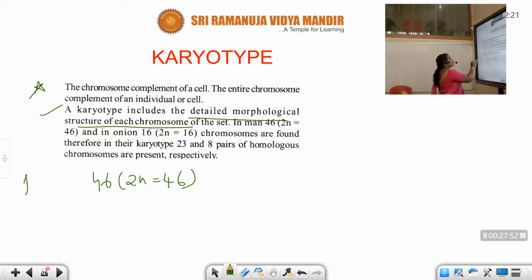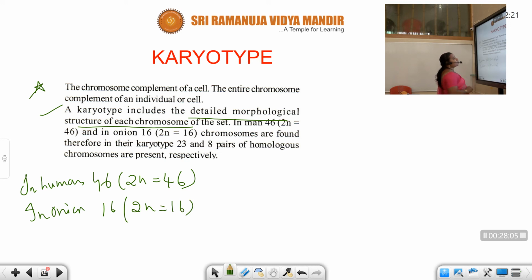In the onion, 2n is 16. Therefore their karyotypes have 23 and 8 pairs of homologous chromosomes respectively. So this is about the karyotype.